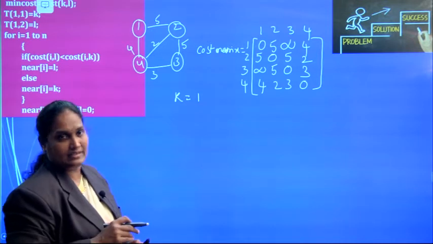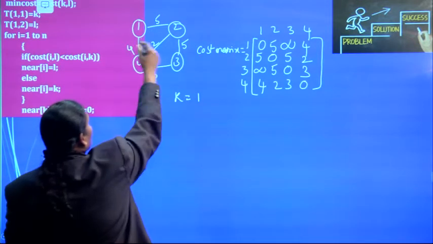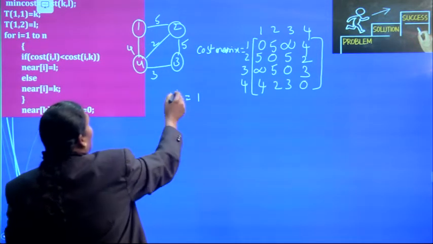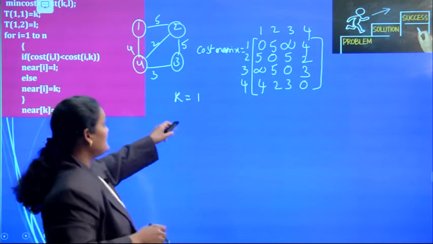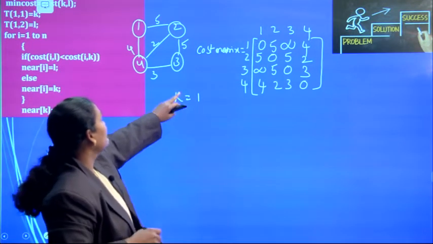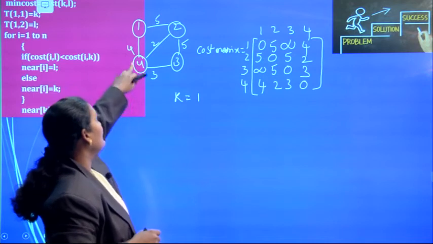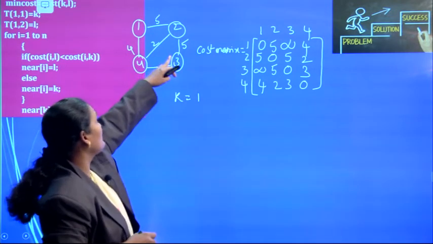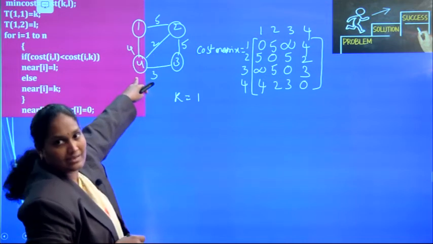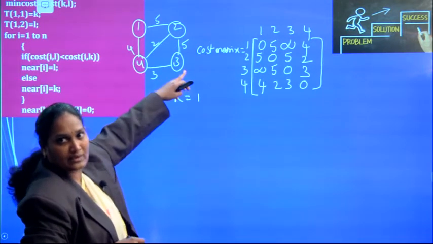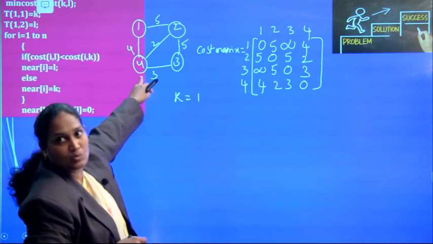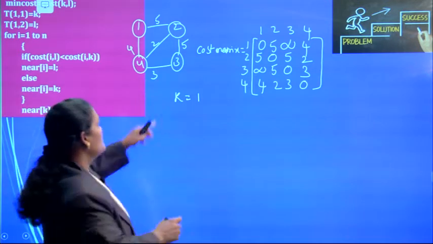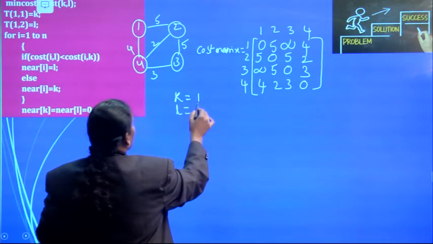Out of the edges which are incident on k, let us see here 1 4 and 1 5. We have only 2 edges. Which is having minimum cost? 1 4 is having minimum cost. So I am going to select L as 4.